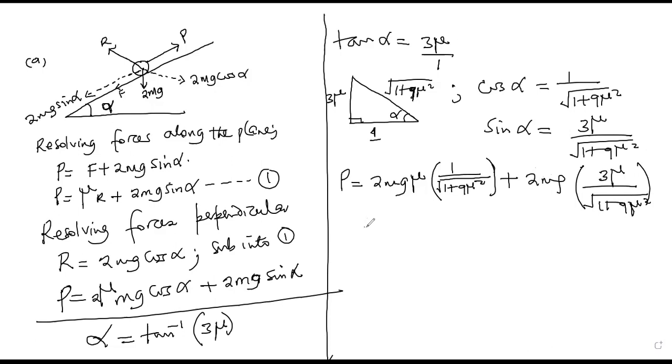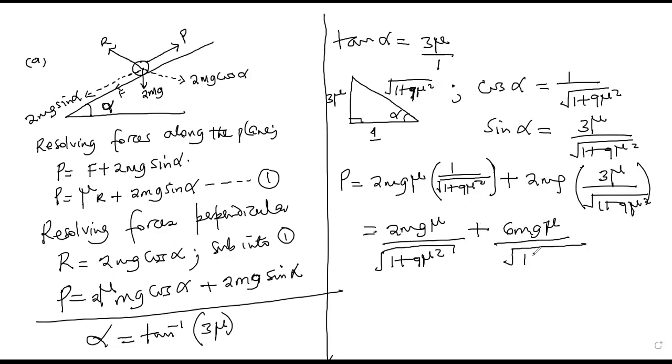So this is going to be 2 mg mu over the square root of 1 plus 9 mu squared, plus 6 mg mu over the square root of 1 plus 9 mu squared.